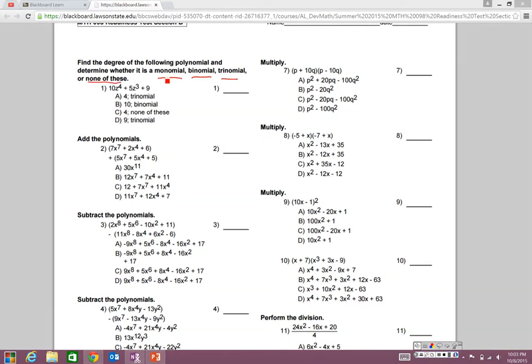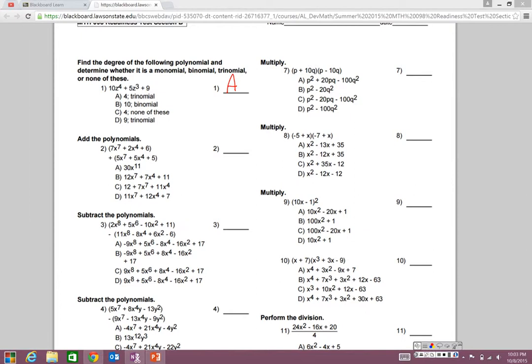A monomial has one term, binomial has 2 terms, trinomial has 3. If you look at the polynomial here, you have 1 term, 2 terms, 3 terms. So in all, we have 3 terms. So the answer for number 1 is A.